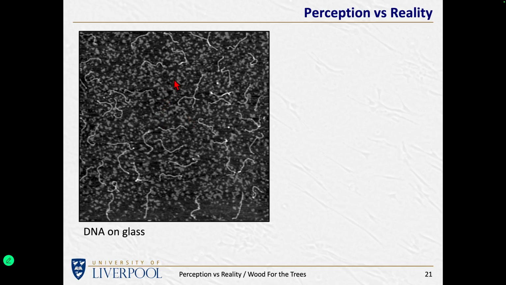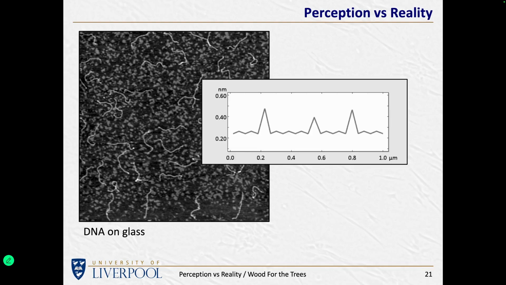But that grey mottling doesn't stop us as humans looking at it and saying, yes, I've got a grey mottled background, but I've clearly got a whole load of DNA which is brighter, and in this context bright means higher, so the DNA is sitting on the glass slide and is brighter because it's higher. Humans look at that and say, yeah, I can see a few dozen strands of DNA there. But if you try to get a computer to analyze that, it's a problem.